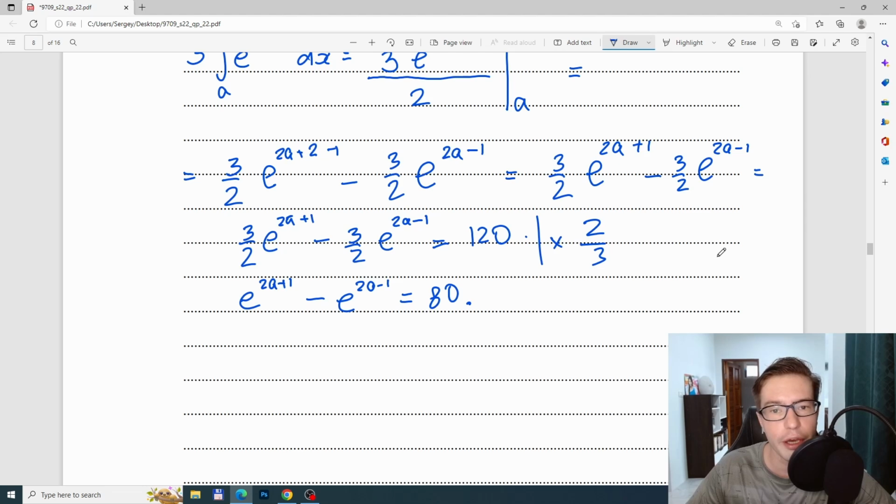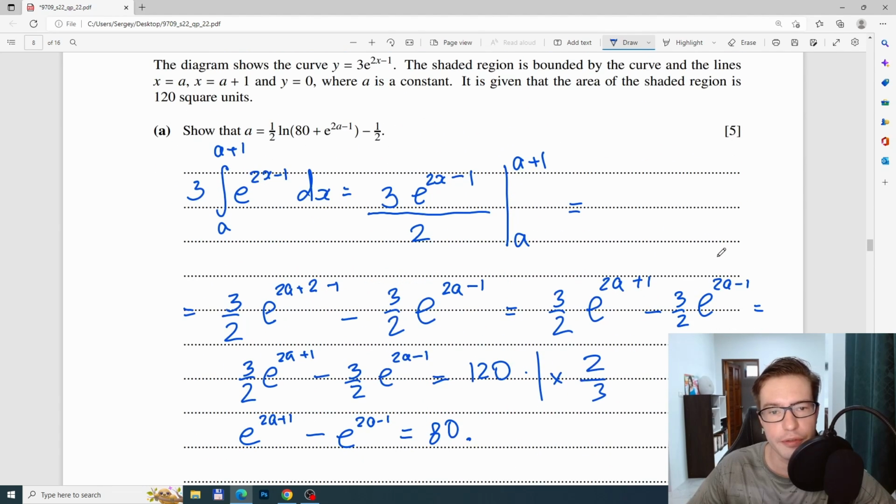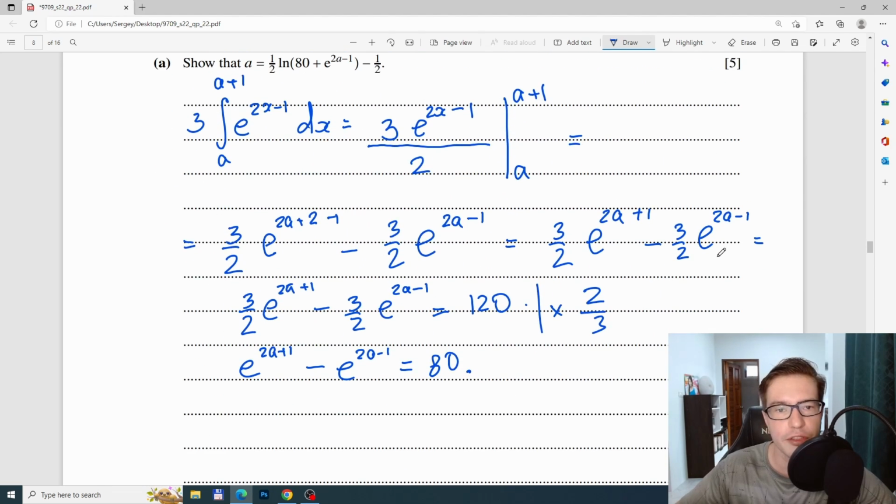Okay, now look at what we are supposed to get. We're not actually supposed to solve for a, right? We have to show that a equals this expression on top. And if we look at it carefully, then we'll see that e to the power of 2a minus 1 should be on the right side. And that's exactly what I'm going to do. I'm going to move it to the other side.